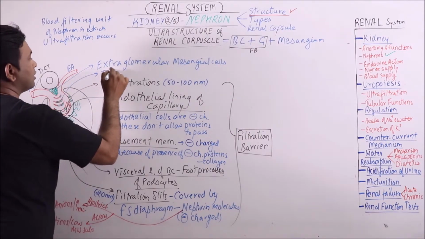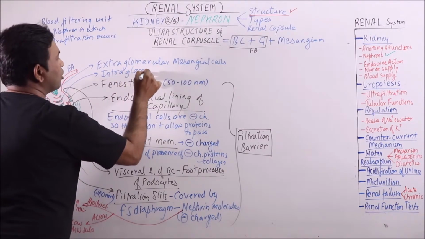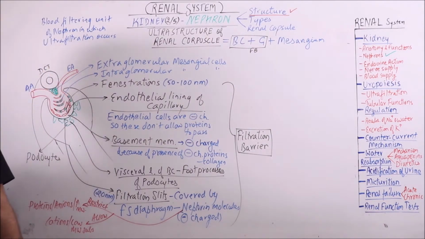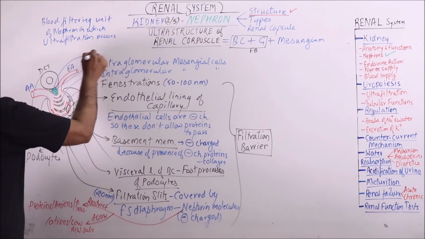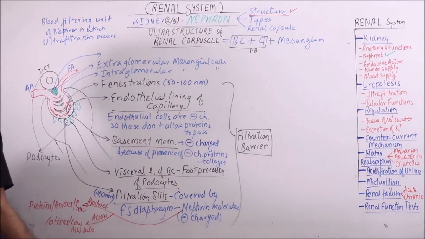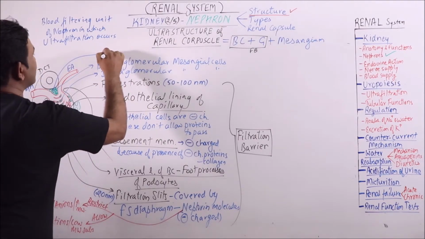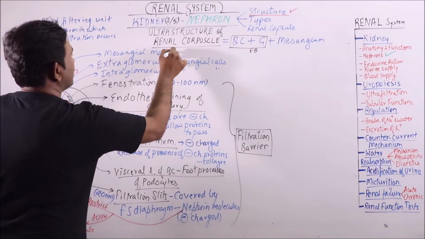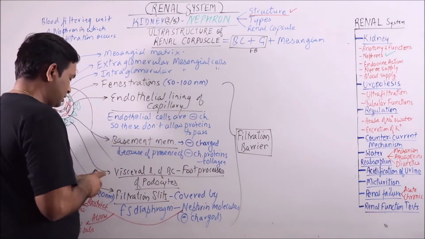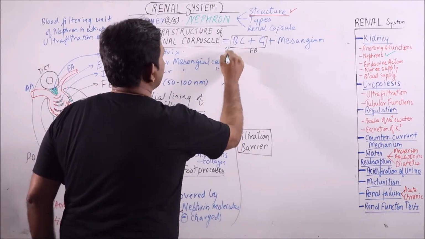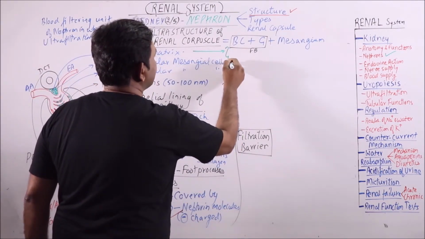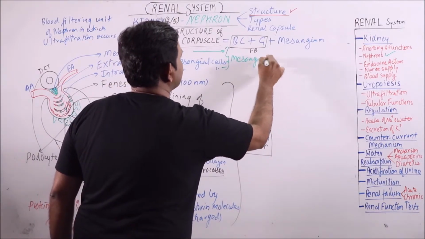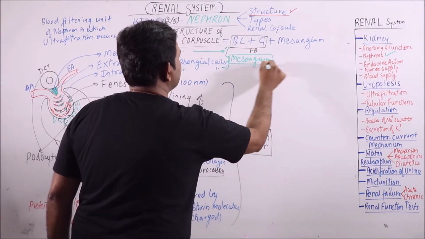These are intraglomerular mesangial cells, and the spaces in between the mesangial cells is known as mesangial matrix. And these three, that is matrix and the two types of cells, are collectively termed as mesangium.